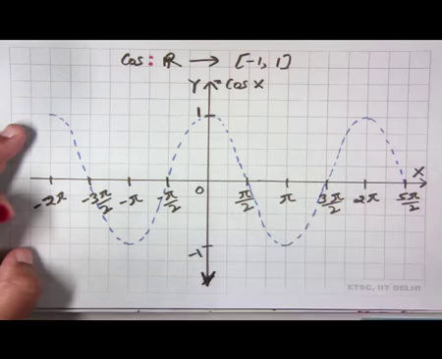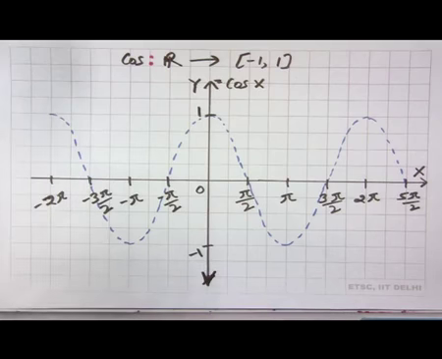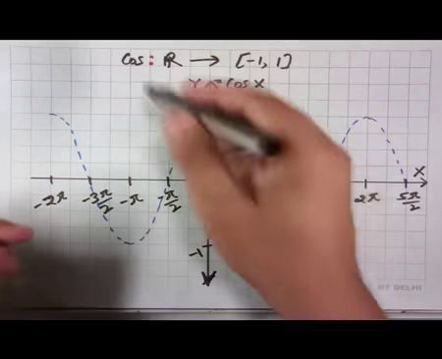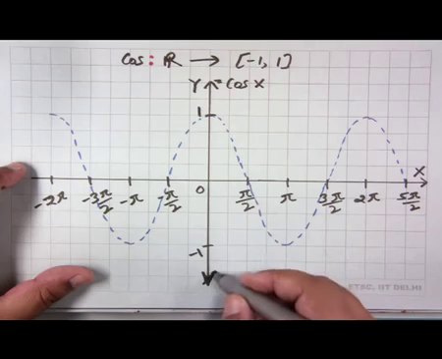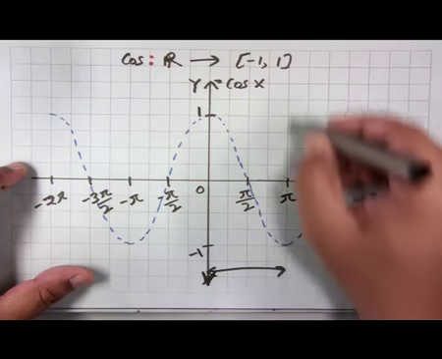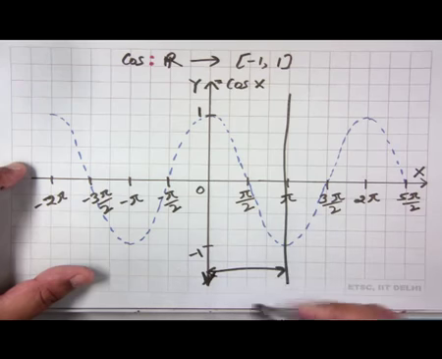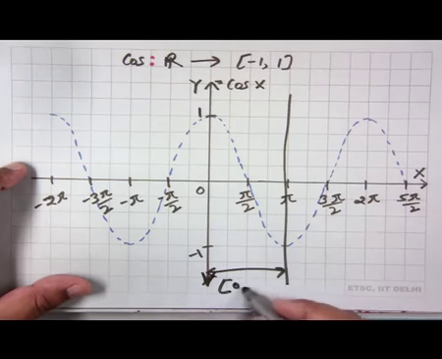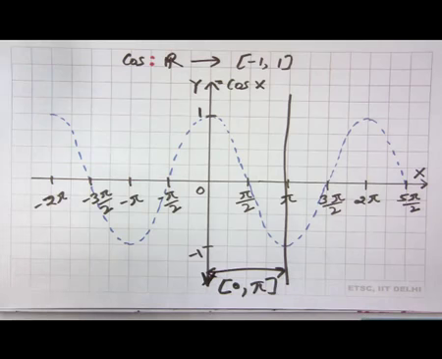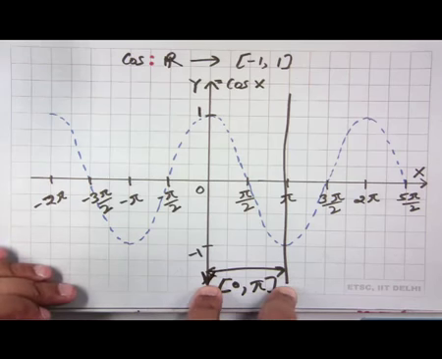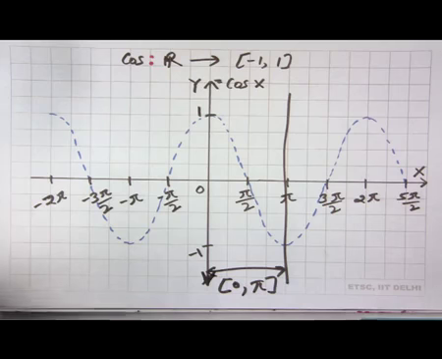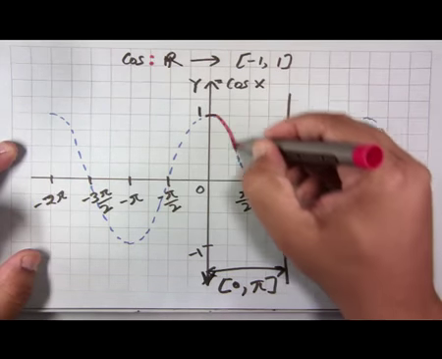But just like the sine function, if we restrict the domain of the cosine function to the closed interval from 0 to pi, so we only consider 0 to pi, then the graph of the cos function will be like this.